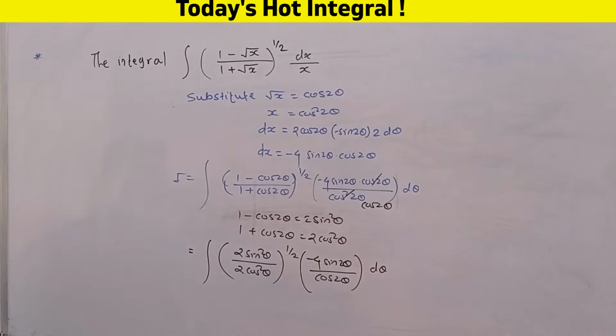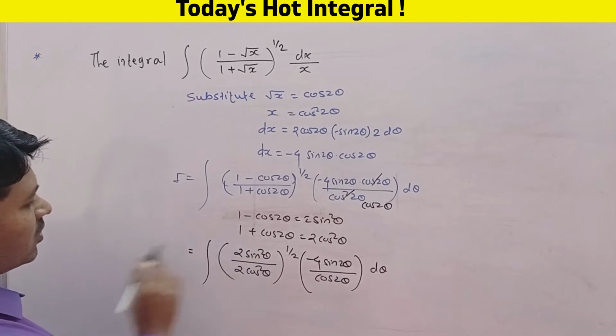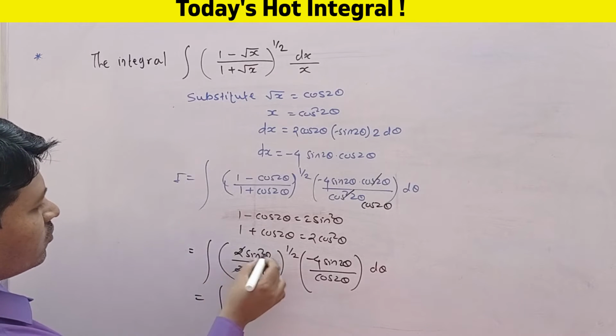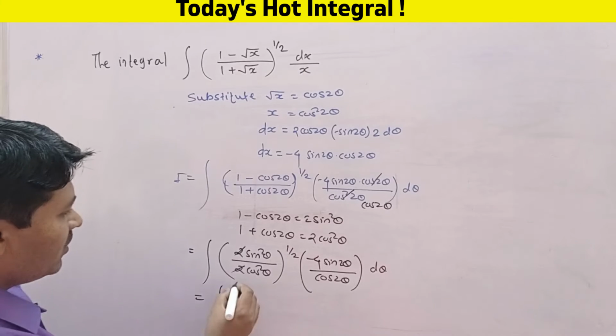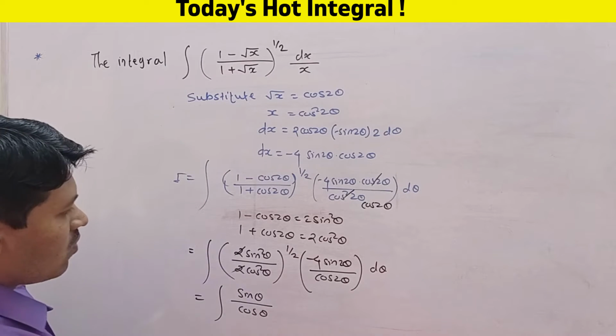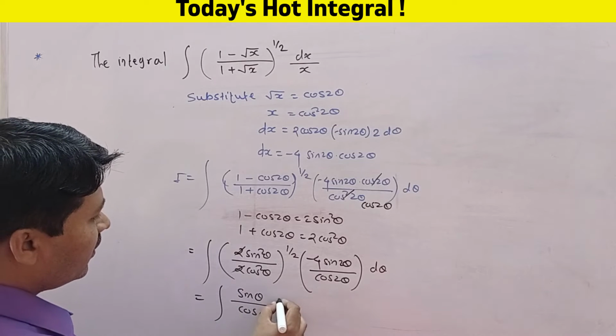Therefore now again simplify: the 2 cancels, and we write sine square theta raised to 1 by 2, which means we get only sine theta divided by cos theta.